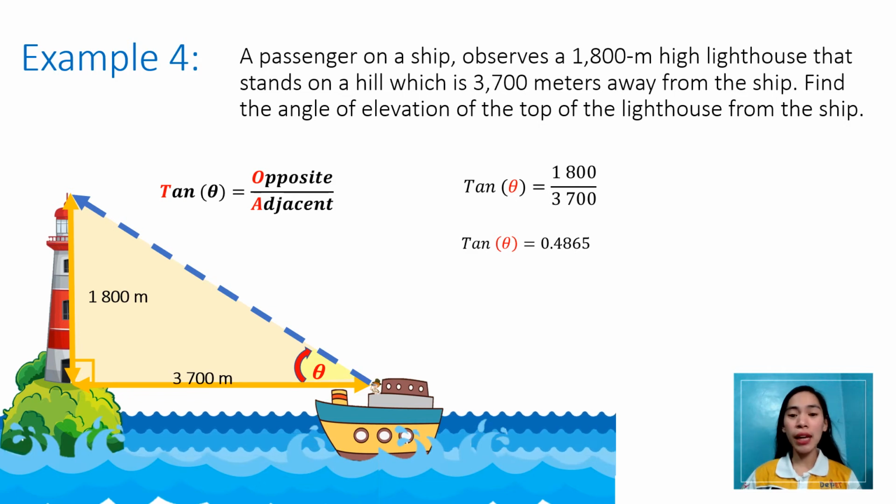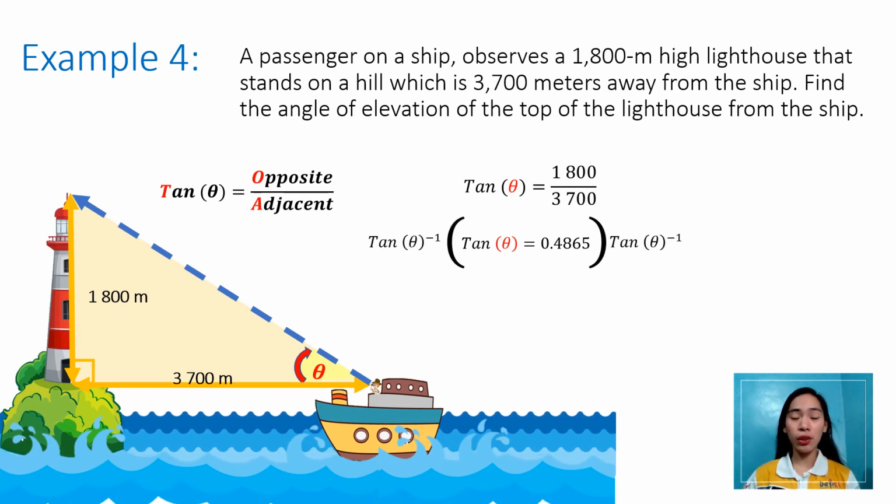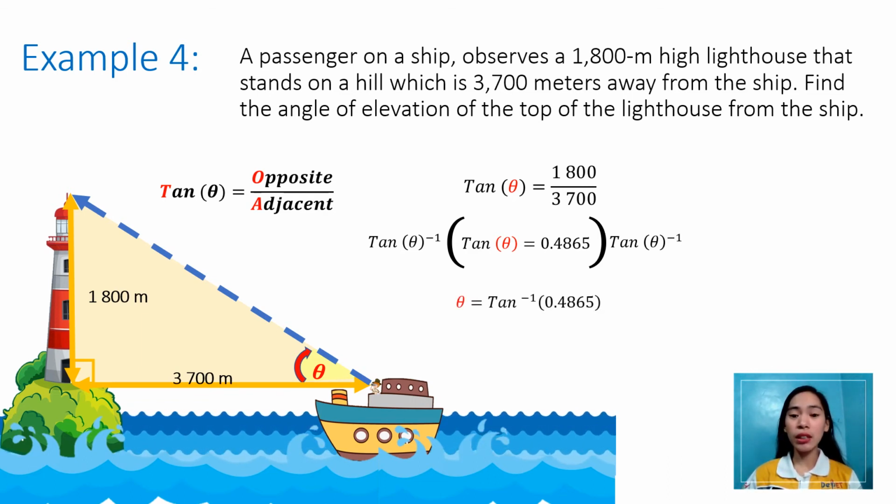Now, to get the value of theta, we're going to multiply both sides by the inverse of a tangent, which we read as arctan. Since the inverse of a tangent times tangent would be 1, we are left with theta. So arctan times 0.4865.